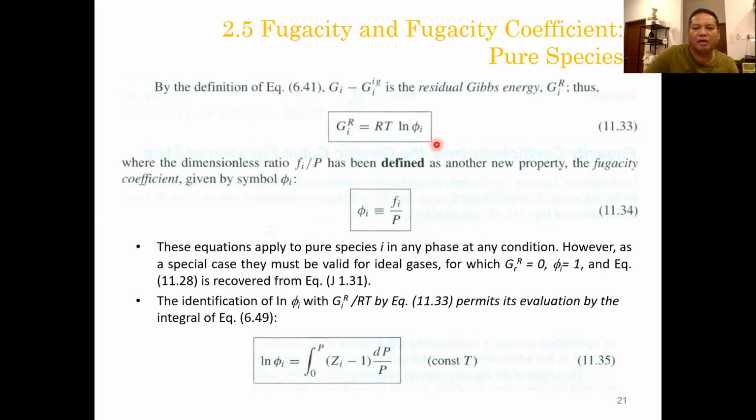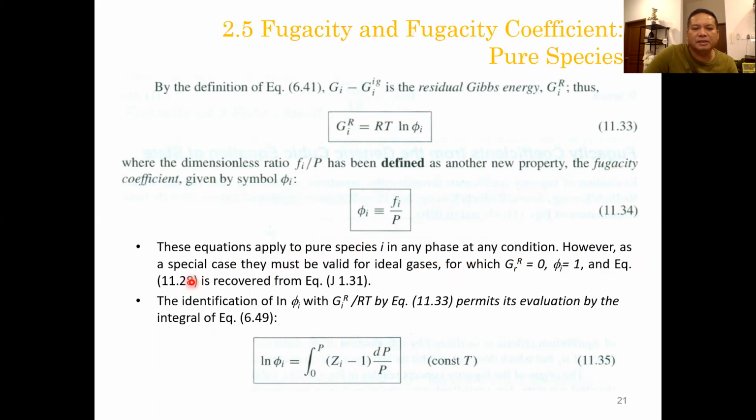How do we define phi? Phi is basically the ratio of the fugacity of species i to the total pressure. These are new properties, and we call them fugacity coefficients, with the symbol phi here. This equation applies to pure species i in any phase at any condition.